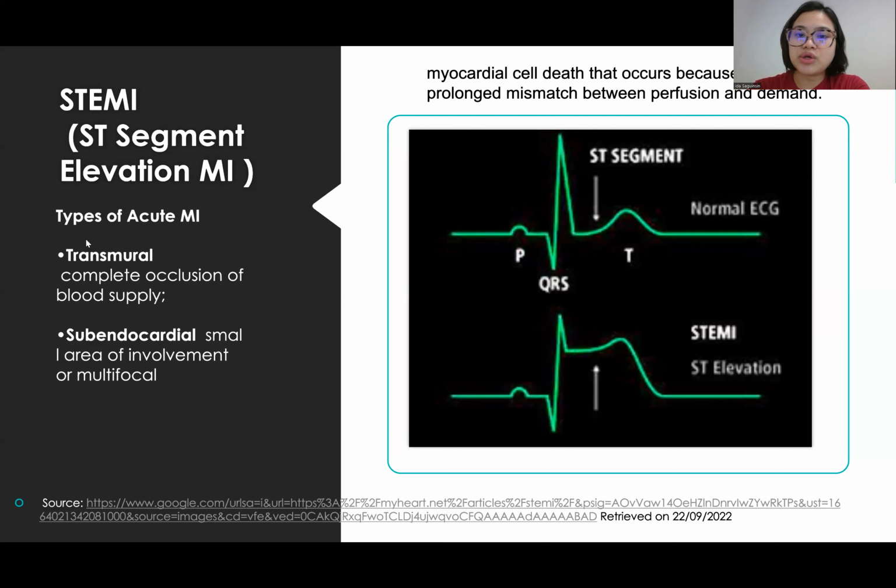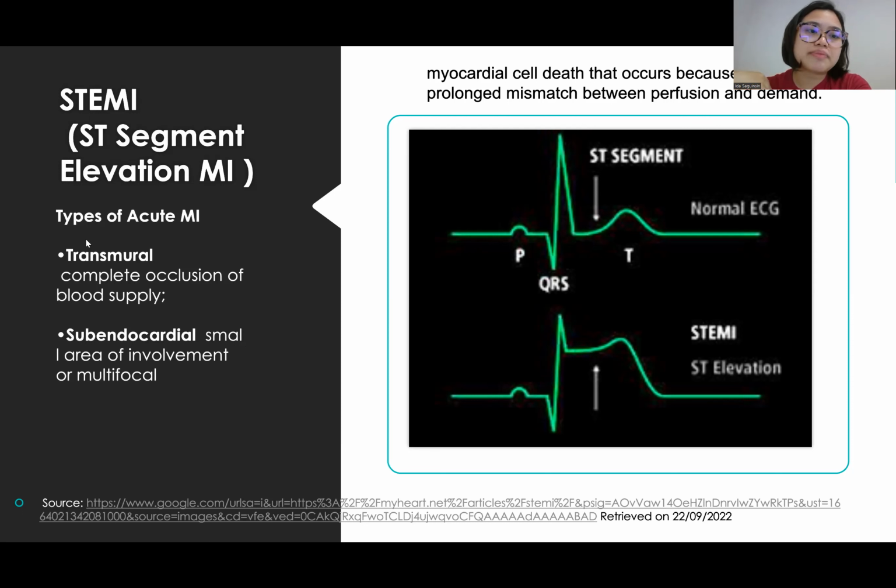So we've got the P, QRS, ST segment, and the T wave. This is the normal electrophysiology. Now with STEMI, we could see this humpback waveform where the ST segment is above the isoelectric line. This is something that we could see on the leads of the ECG.